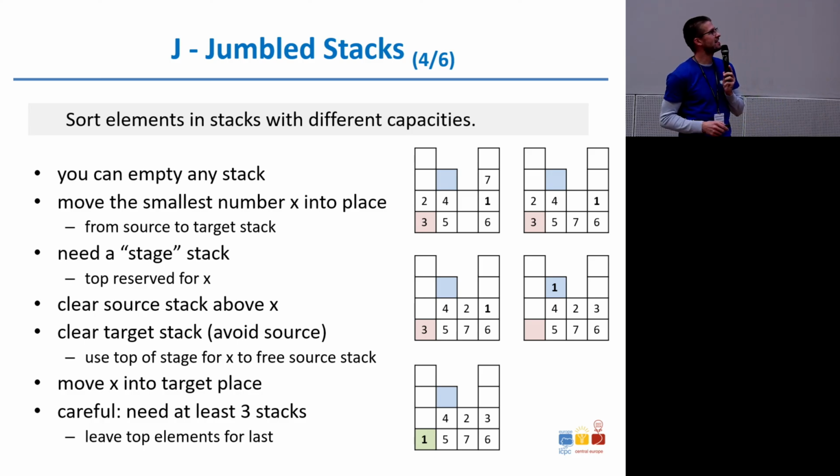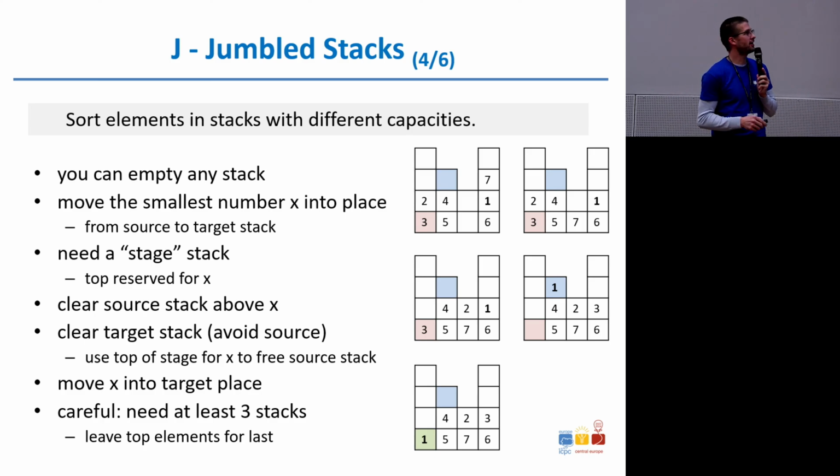However, it doesn't work out because this needs at least 3 stacks. So if you follow this logic and you end up with just 2 stacks, you can't resort them and they might not be in the right order. So what you can do is make sure that there are always at least 3 stacks left.